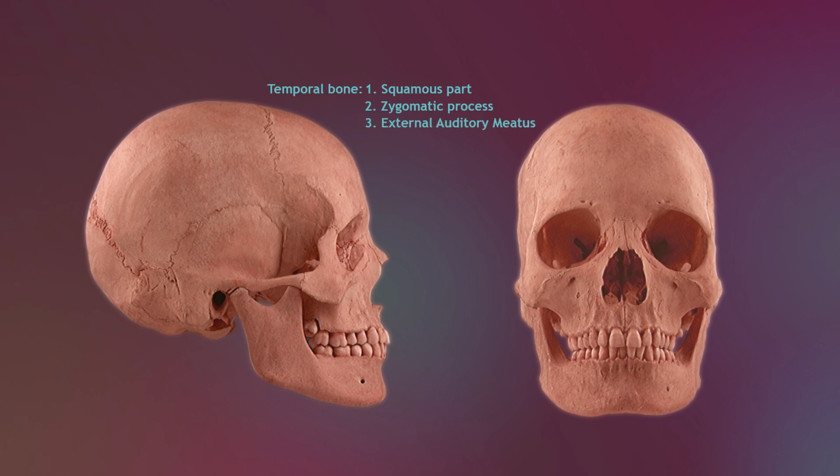The external auditory meatus, which is the opening of the bony portion of the external ear canal. The mandibular fossa, which is the concavity that forms the temporal bone part of the jaw joint. And the articular eminence, which is the elevated rim that bounds the anterior side of the mandibular fossa.